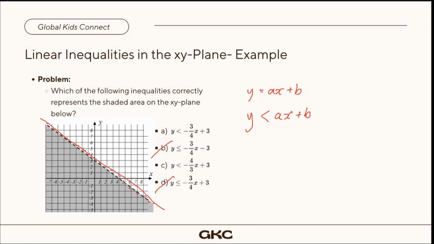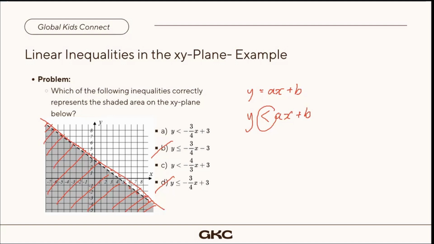Then we have shaded the area that is below, which means that any y value that is less than the maximum y value, which is the line itself, will be true solutions. And therefore, that's why we say y is less than our linear equation.